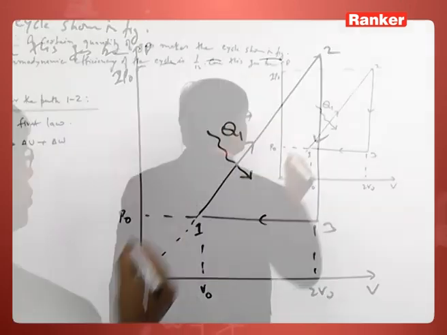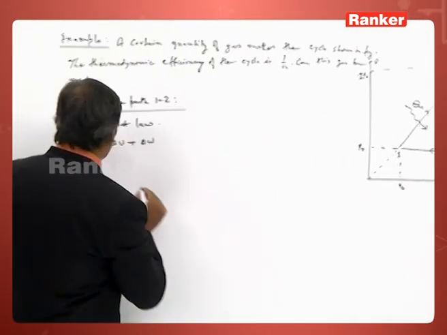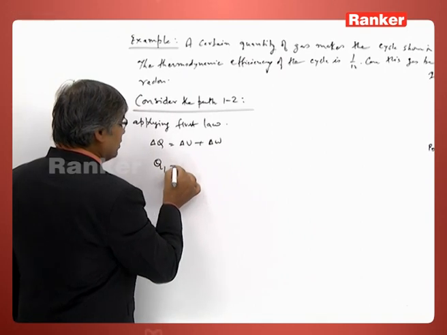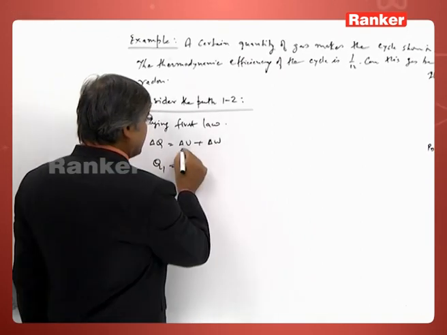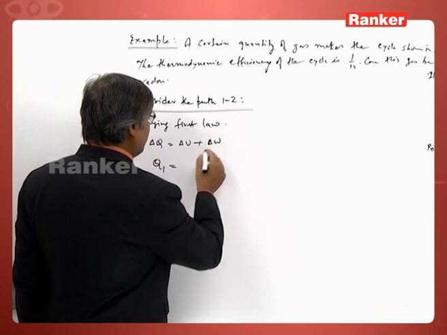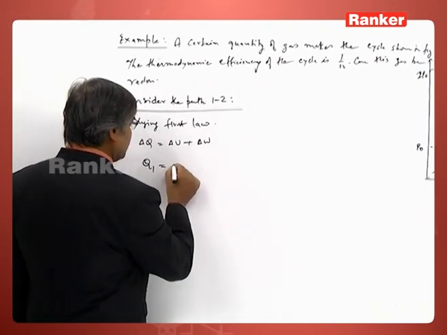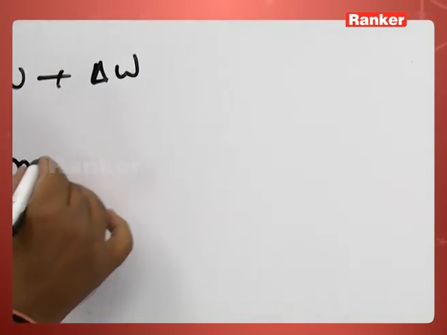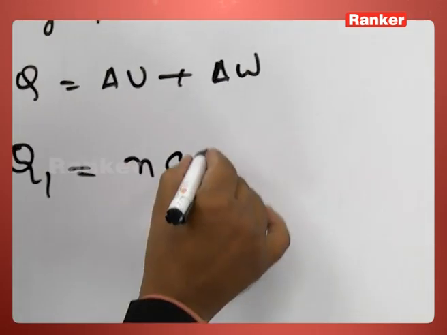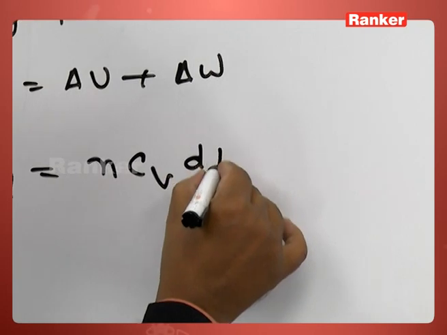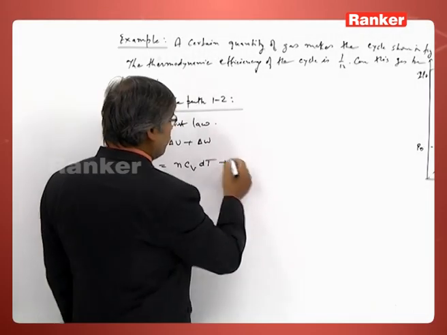Suppose I say it is Q1. So Q1 heat enters into the system and there is a change in internal energy and there is work done. What is the change in internal energy? That is number of moles n, this CV we don't know, into dT, plus work done.